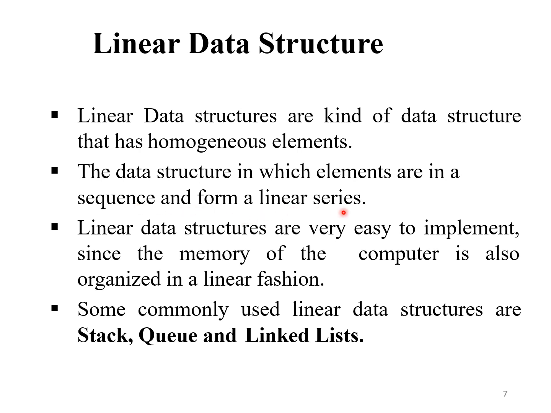In linear data structures, all elements are arranged one by one, linearly, means sequentially. Linear data structures are very easy to implement since the memory of the computer is also organized in a linear fashion. Some commonly used linear data structures are stack, queue, and linked list.